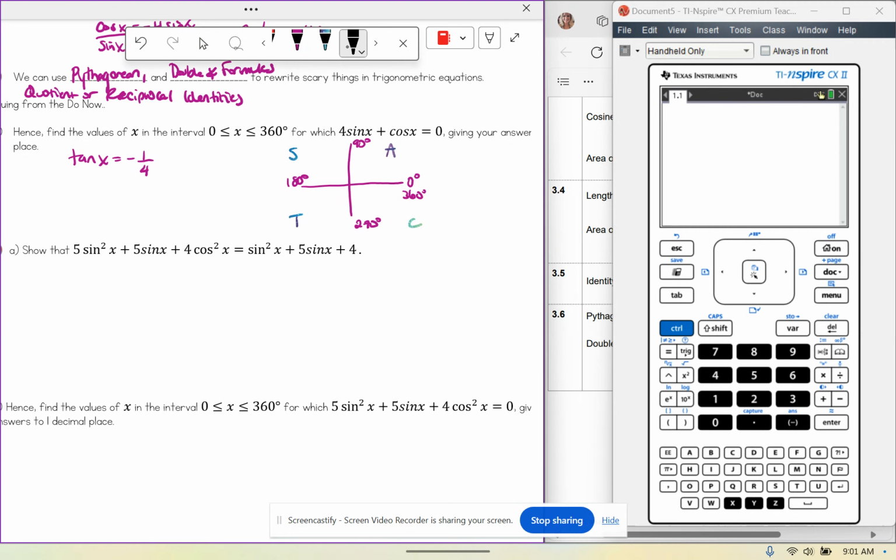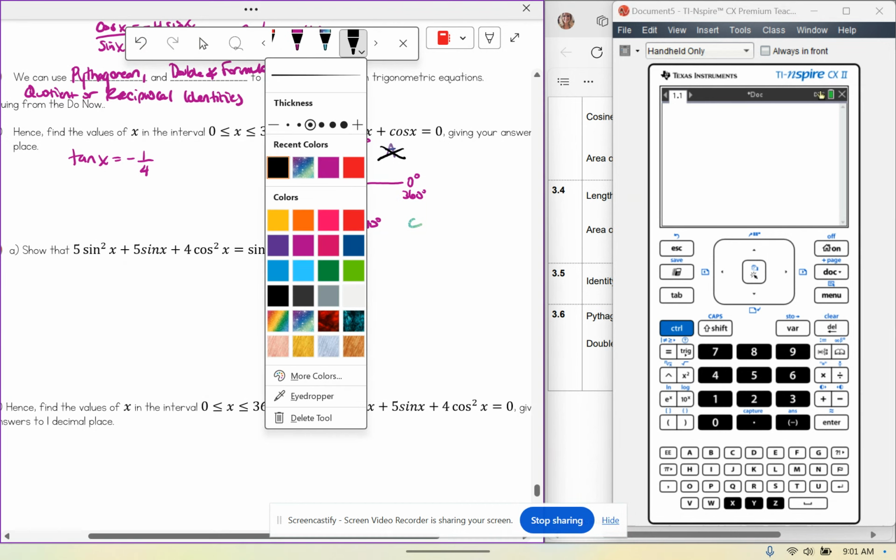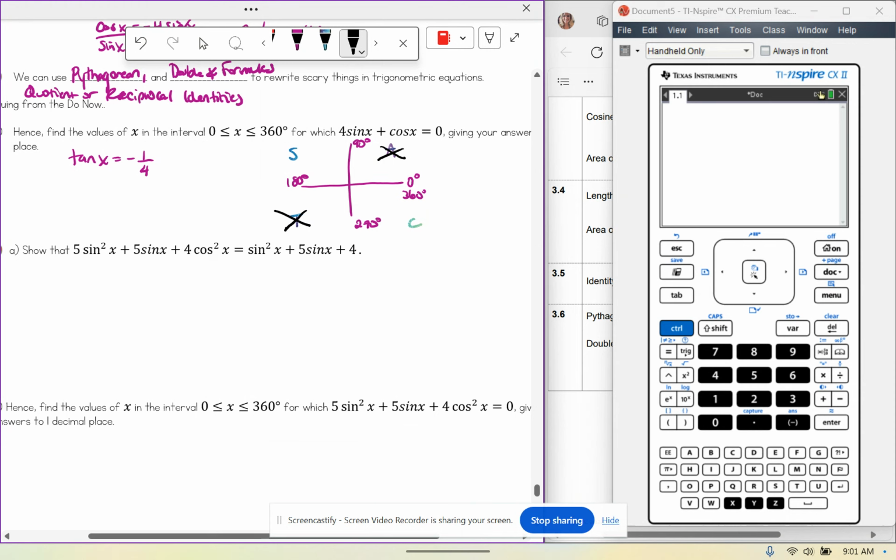So I'm looking for where tangent is negative because this guy is negative. So I'm going to eliminate quadrant 1 and quadrant 3, and I am going to keep quadrant 2 and quadrant 4. Okay, so my solutions to here are going to lie in quadrant 2 and quadrant 4.